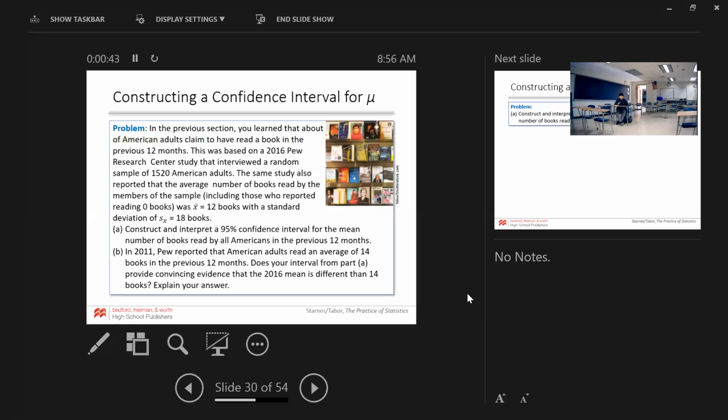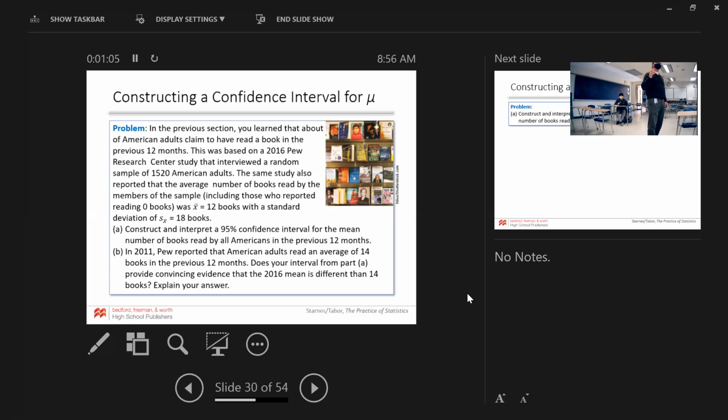So here's an example. Ready? This problem we did in 8.2 about the proportion of Americans that read a book. So now they're looking at the same data set. Instead of the proportion of Americans who read at least one book in the last 12 months, they said, how many books? Okay?